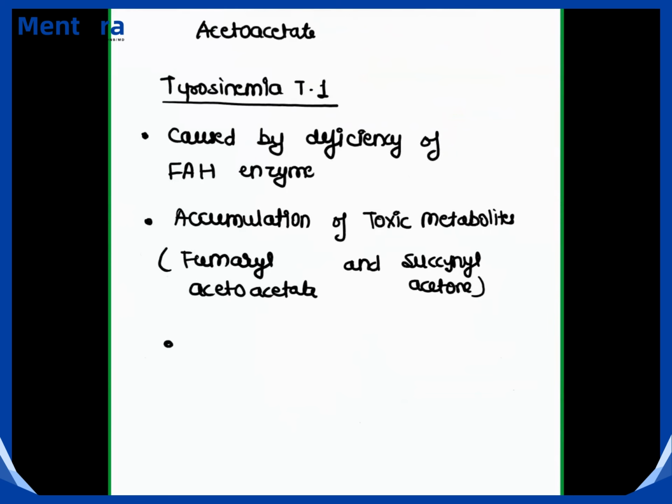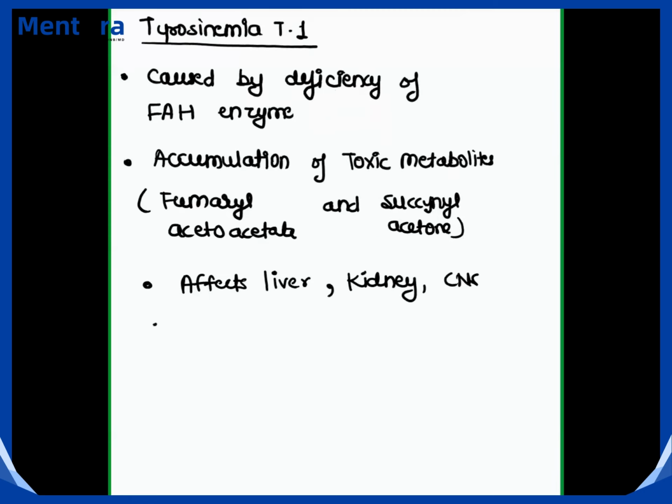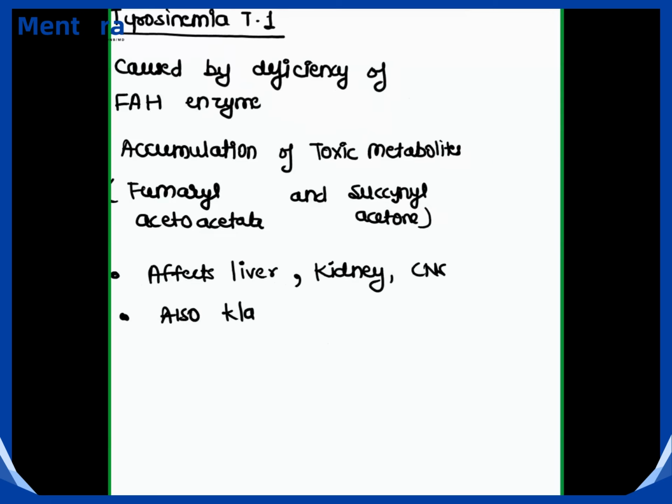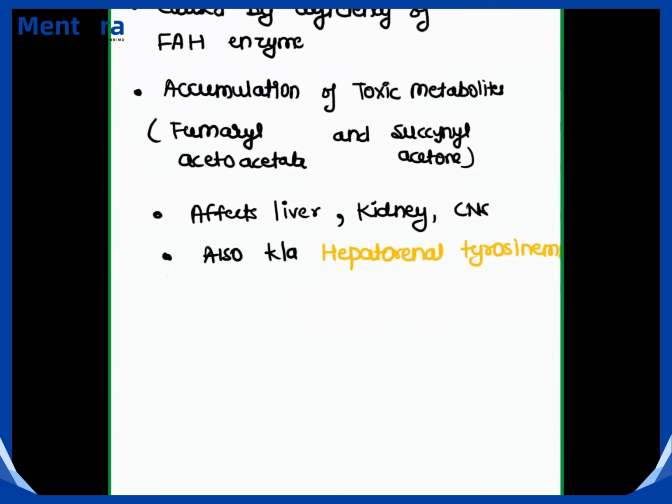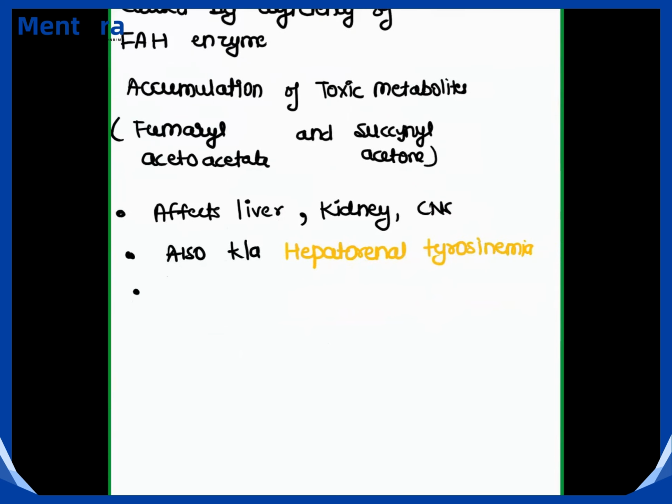And this accumulation affects liver, kidney, and CNS. It is also called hepatorenal tyrosinemia, and it is an autosomal recessive disorder.